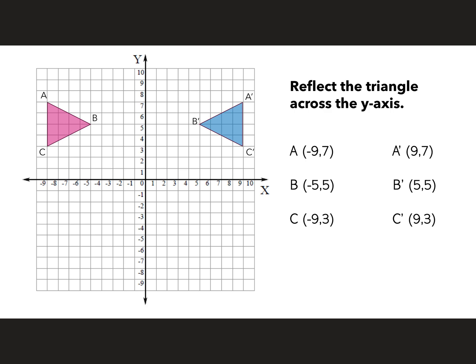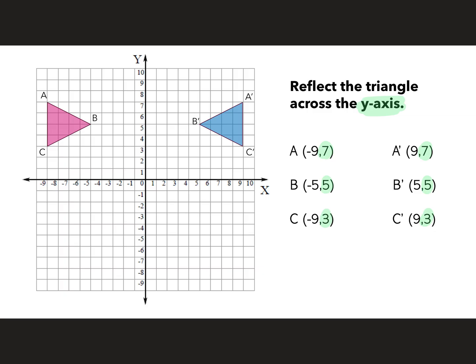Well, let's take a look at this one. This is when we reflected across the y-axis. So what happened here? Well, if you look at it, look at the y values. This is your pink triangle, and this is your blue triangle. And what's going on with the y coordinates? They're the same. Why are they the same?